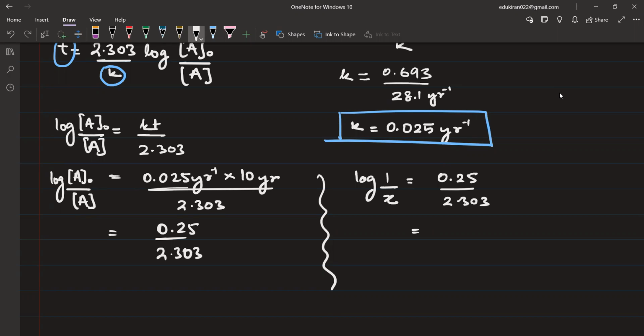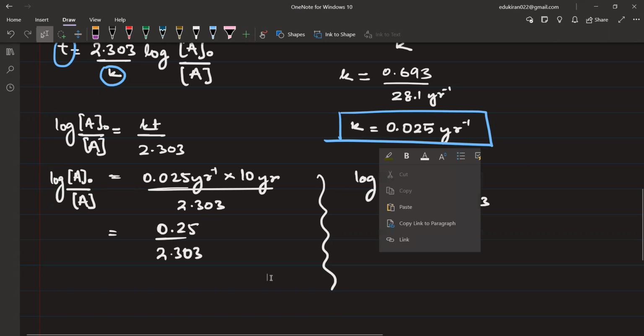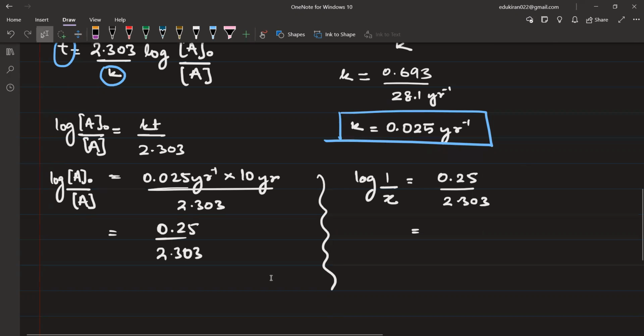So 0.10, 0.1085. So we can take that as 0.11. Correct.